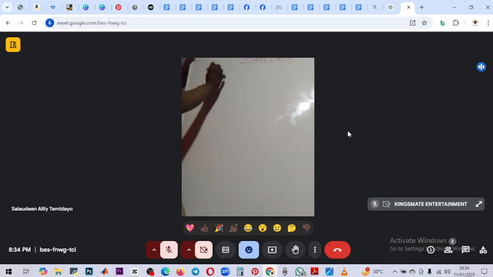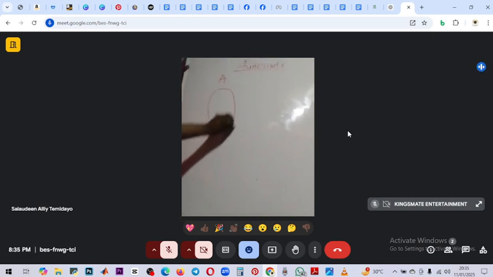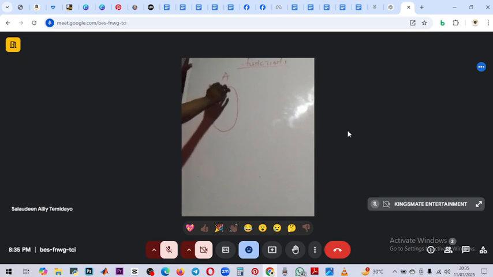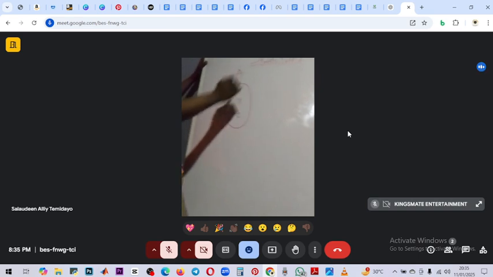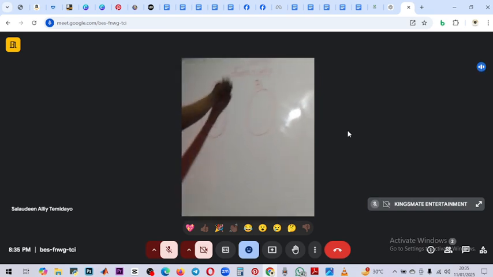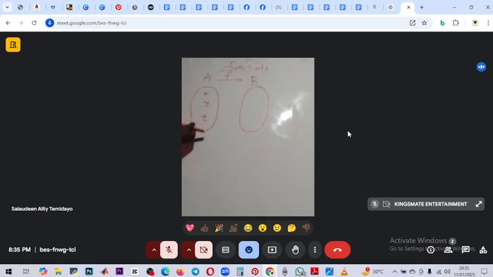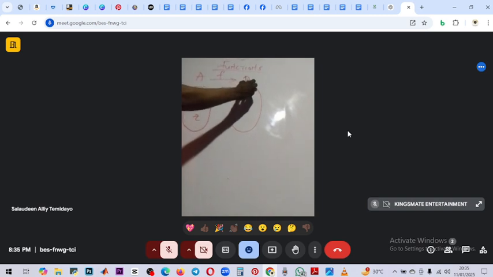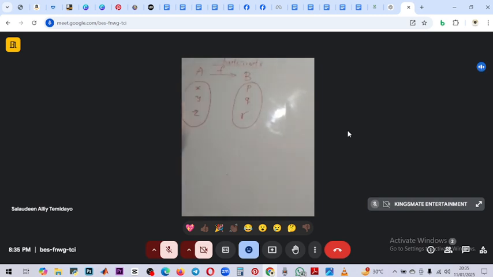This is a set A, and it consists of some elements x, y, z. This is another one, B, which consists of some elements P, Q, R.